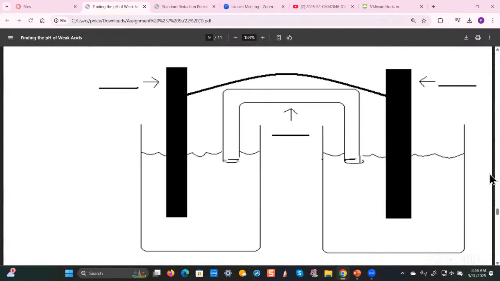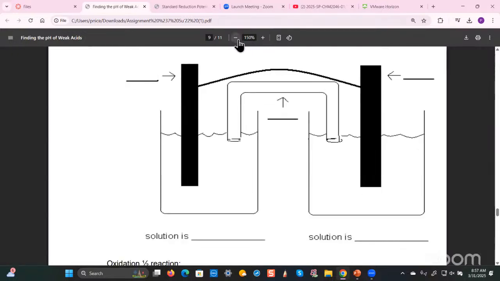Now, according to the question, the left side will have a solution of 1 molar oxalic acid. So what I'm gonna do, let me make this smaller here. So what I'm gonna do is write down here 1.00 m oxalic acid, right? Because that's the left side, right? And then the question says that it has a platinum electrode.